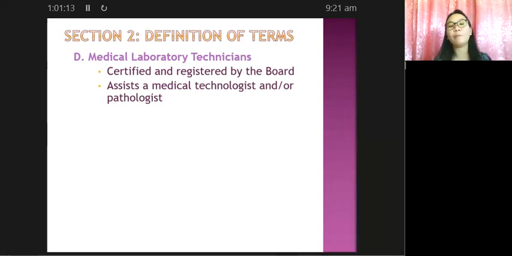Okay, can a medical laboratory technician do his or her job without the medical technologist? Yes. Okay, provided that there is a pathologist whom your medical laboratory technician is working with in the laboratory.